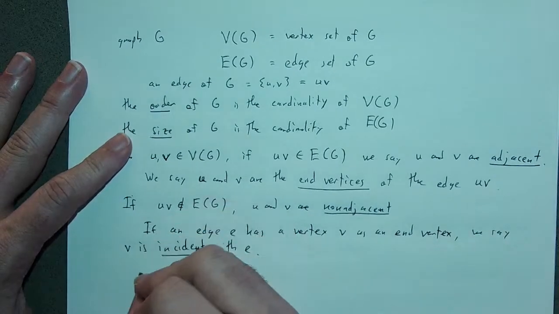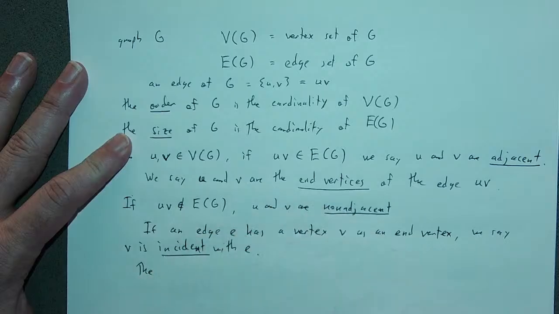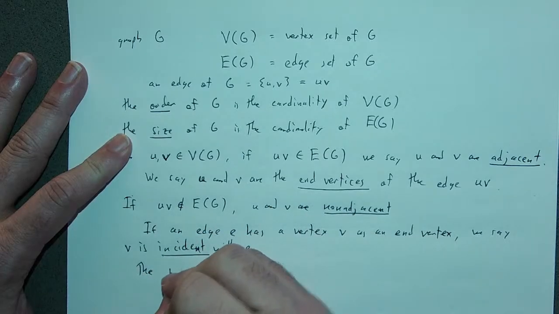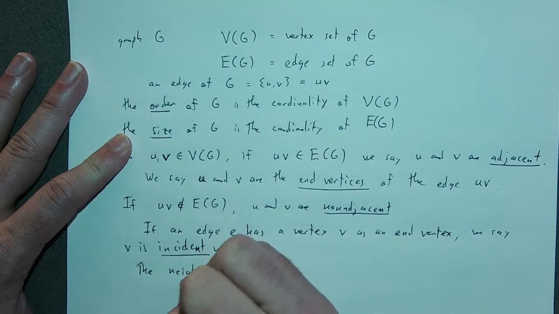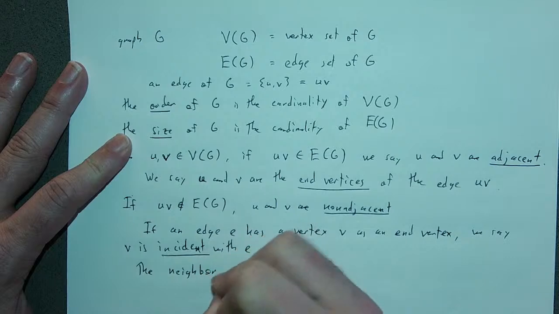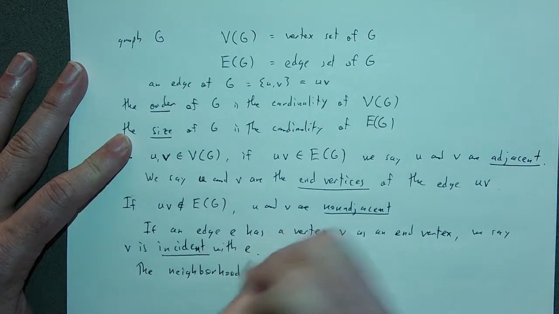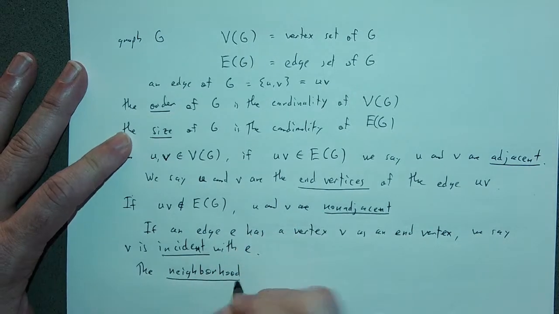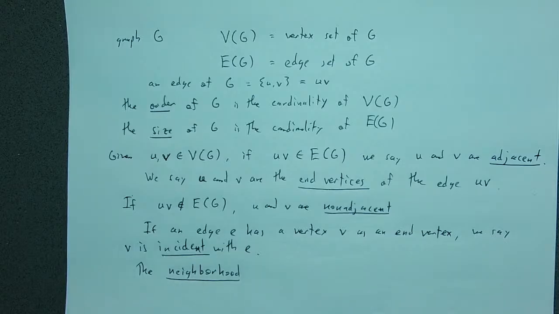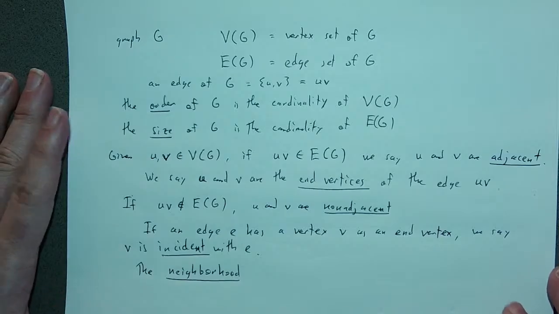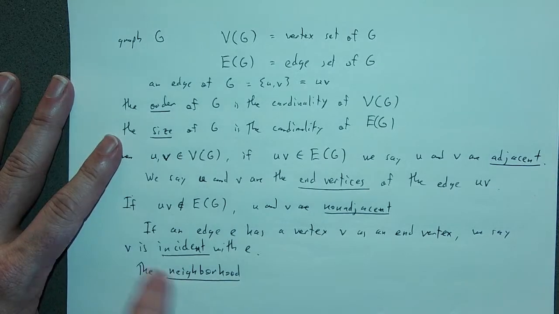The neighborhood, it might be more precise to call this the open neighborhood, although in a context where I clearly don't care about a closed neighborhood, I might just slip and say neighborhood. Whenever there's not a word before neighborhood, it's assumed to be open.